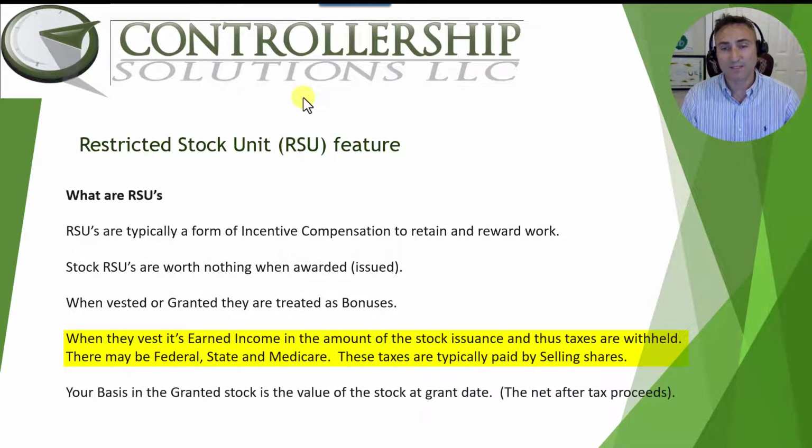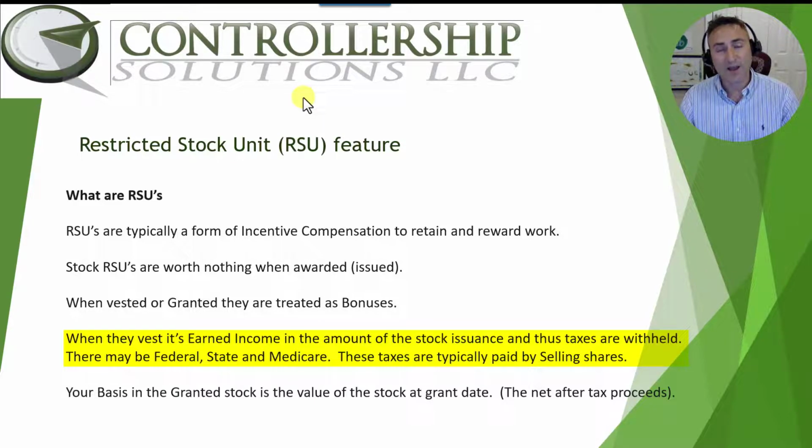So if you were granted 100 shares and that stock at that point was worth $100, that would be worth $10,000, but you may not receive $10,000 in stock. Instead, you're probably going to only receive 60 shares worth $6,000 because you have to pay 40%, or 40 shares or $4,000, in federal, state, and Medicare taxes.